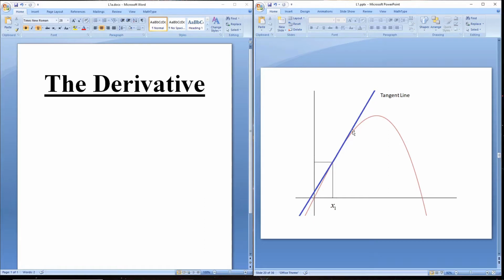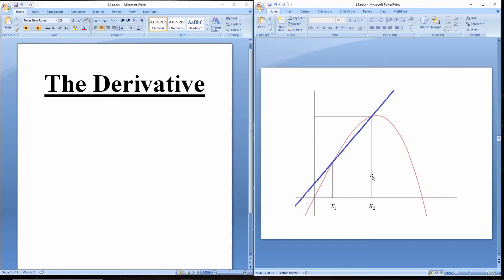Now the tangent line is the slope of the function at that point. So right at this point here at x1, that little slice of the function has this slope that is blue. We call that the tangent line.